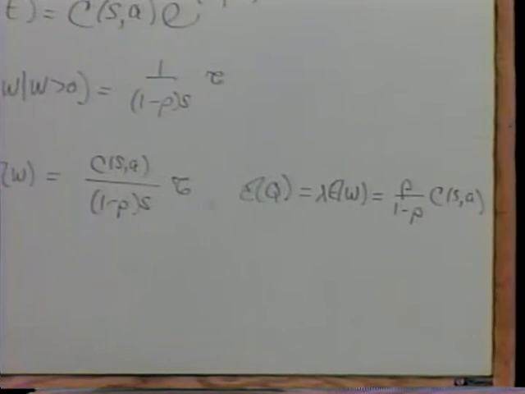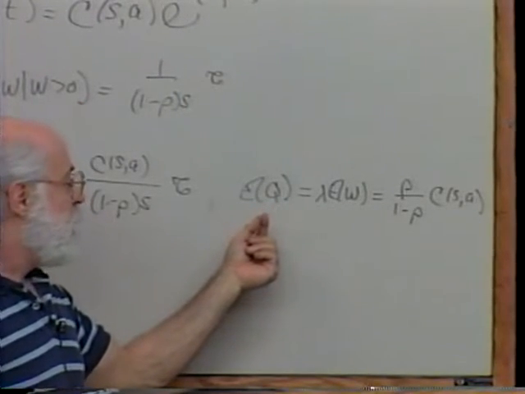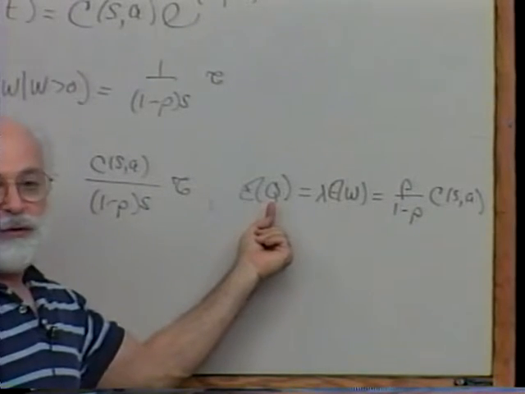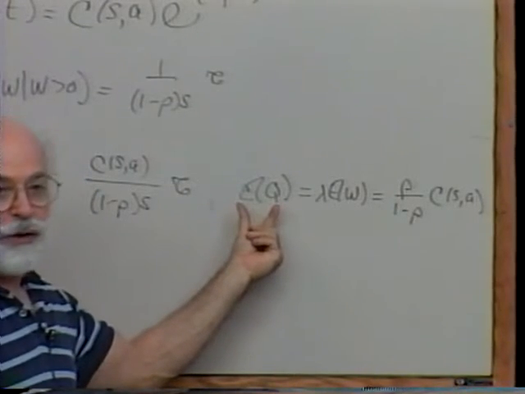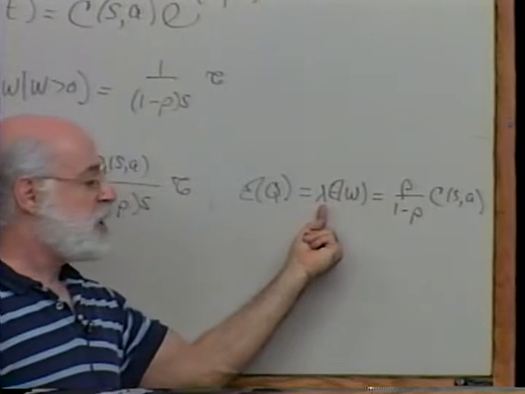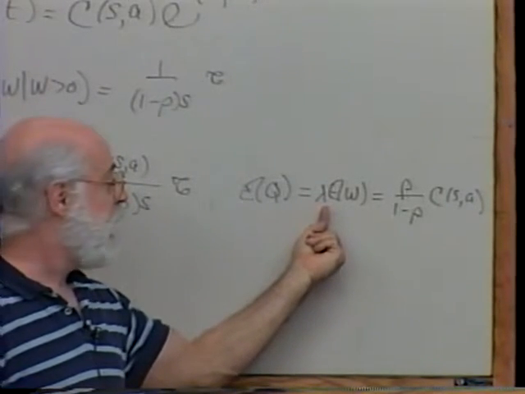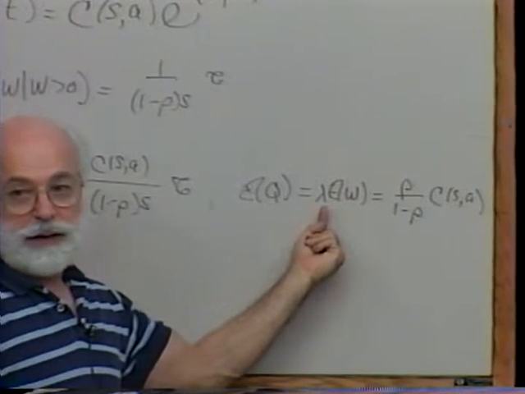OK, so let me go through that again. The argument is that in Little's theorem, I will take the system to be the waiting positions, the queue. And I want to calculate the average number in queue. So I multiply the average rate at which the customers enter the queue, which is the arrival rate, because they can enter the queue and pass through in 0 time if their waiting time is 0.